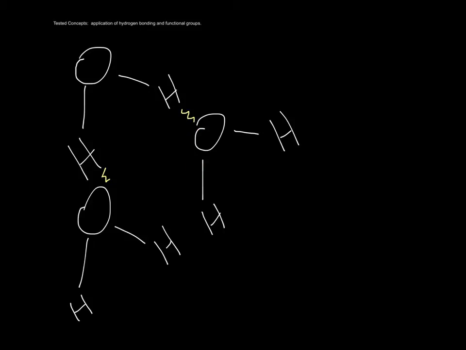Because you have a partial negative here and a partial positive here, and because it's hydrogen, you have this relatively weak bonding or attraction that we call hydrogen bonding. Stronger than a lot of dipole-dipole forces, but a special kind of dipole-dipole force that we call hydrogen bonding.